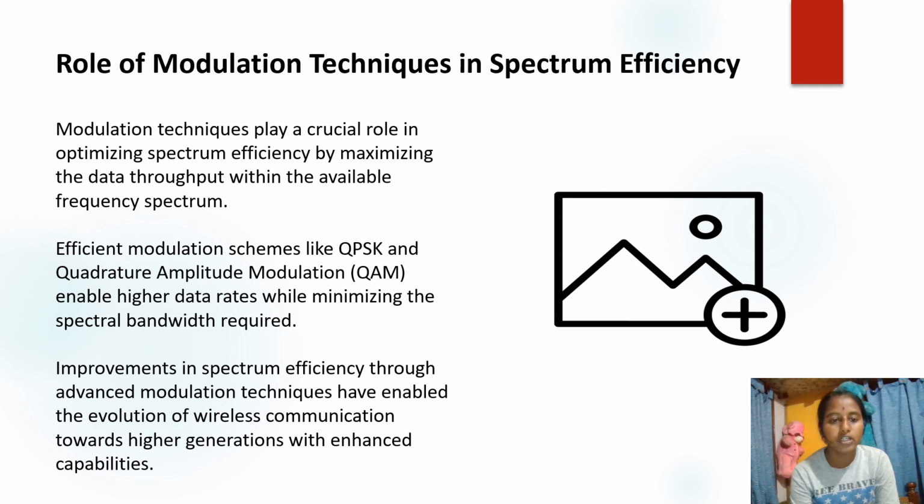QPSK stands for quadrature phase shift keying. QAM stands for quadrature amplitude modulation, enabling higher data rates while minimizing the spectral bandwidth required. Improvements in spectrum efficiency through advanced modulation techniques have enabled the evolution of wireless communication towards higher generations with enhanced capabilities.